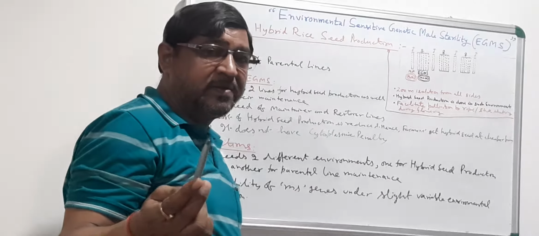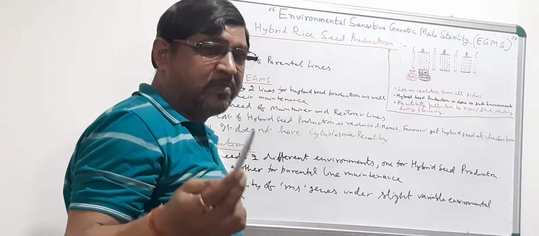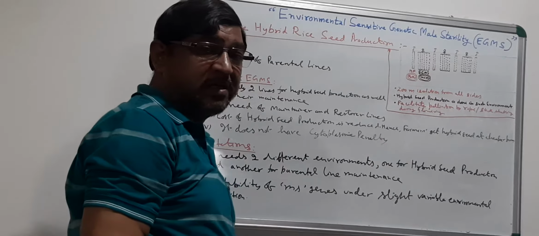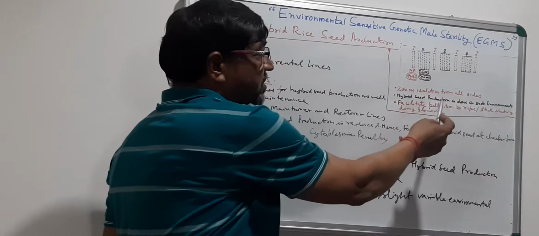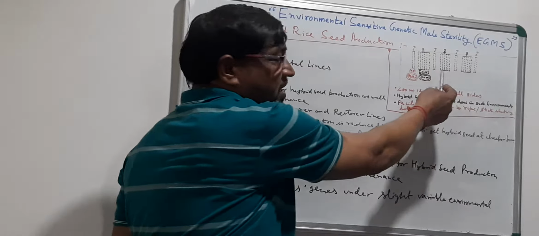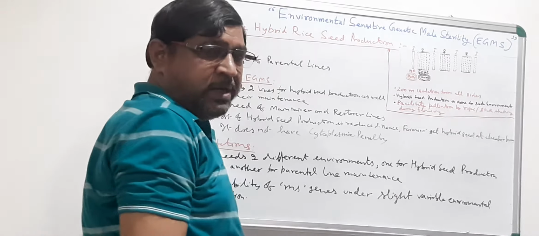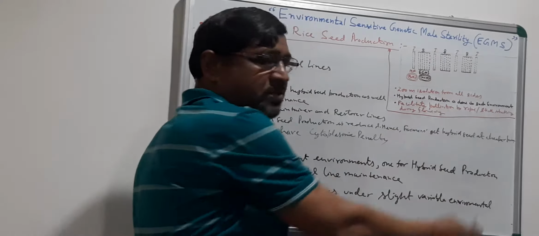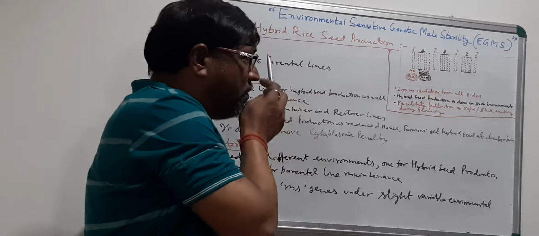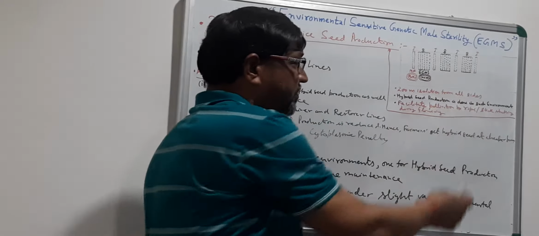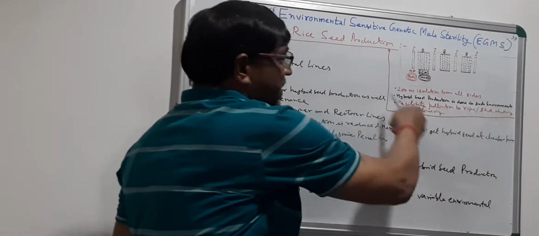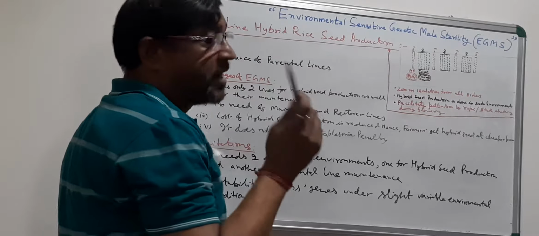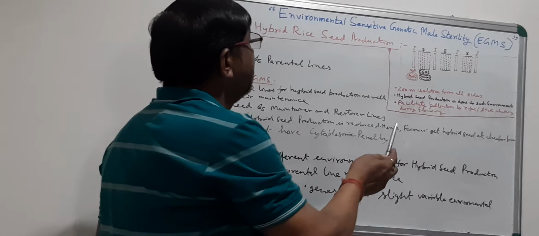This is the normal line, normal pollinator. This is sterile EGMS. Then 2 rows of pollinator, 6 or 8 rows of EGMS, 2 rows of pollinator, 6 or 8 rows of EGMS, 2 rows of pollinator. Like this, you grow the whole field for hybrid rice seed production.